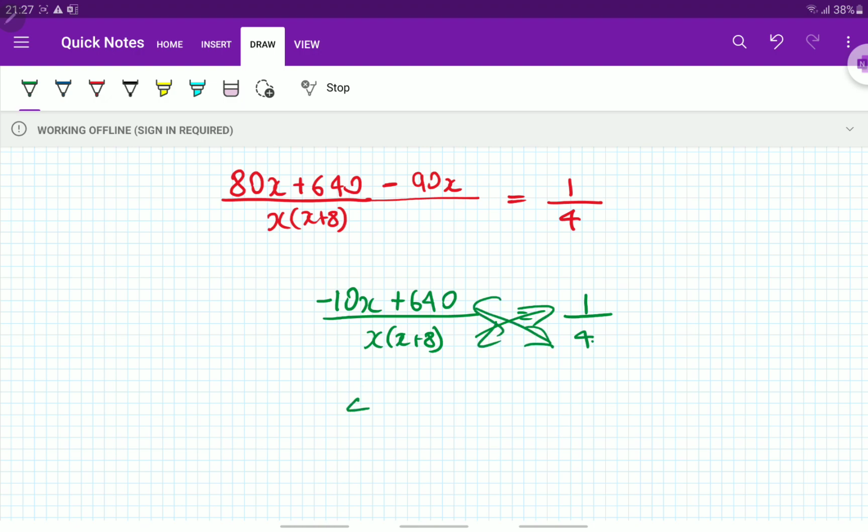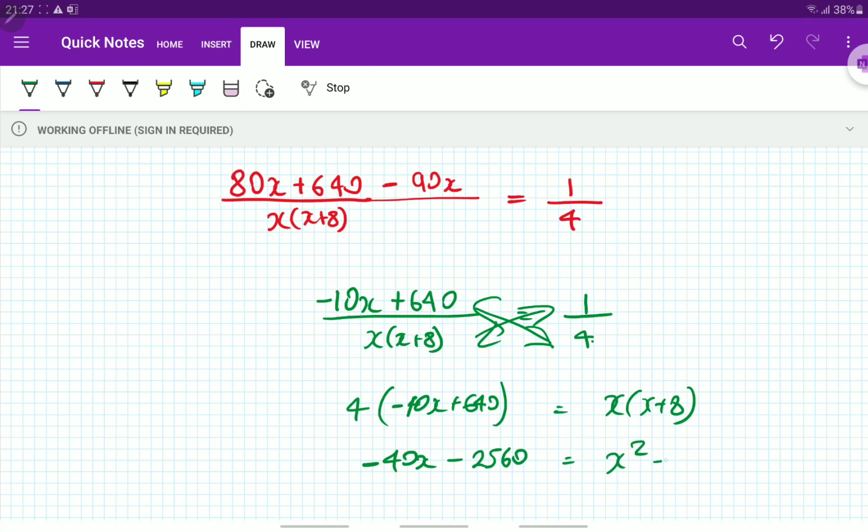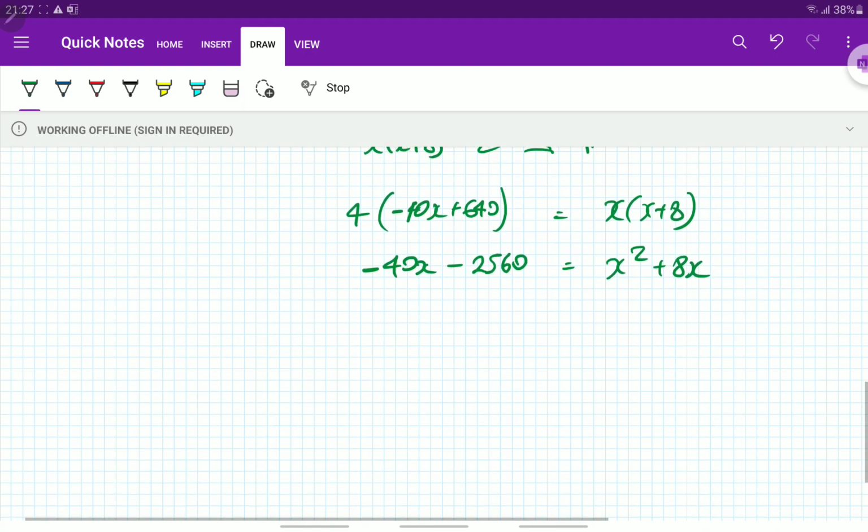So 4 times minus 10x plus 640 is equal to x plus 8. Expanding the brackets, we get minus 40x plus, sorry, it's not a plus, it's a minus. So what's 4 times 640? That's 2560.